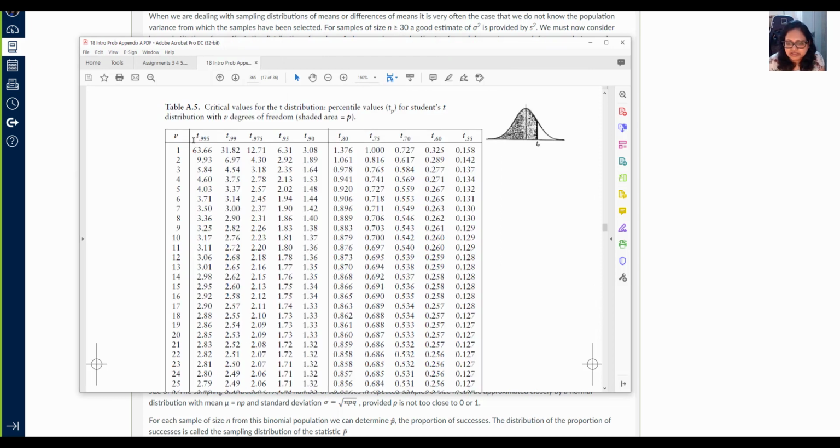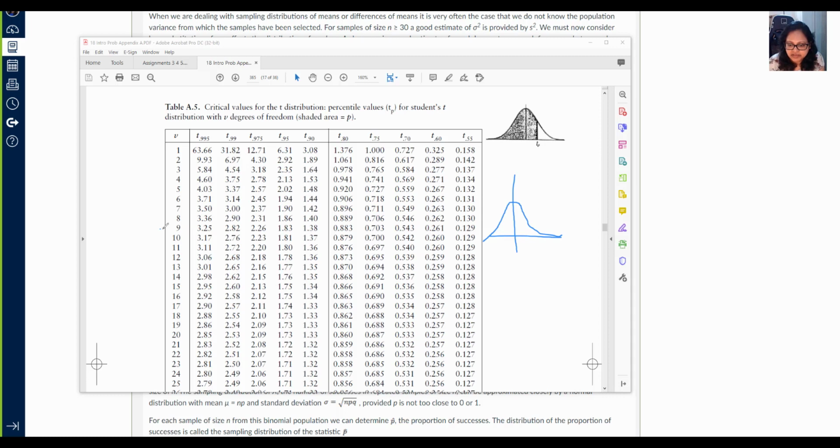Okay, so you can see that in the t distribution, we are talking about the sample size minus 1, and then over here we have the distribution. The t distribution is also bell shaped. That means on both sides the probability would be the same.